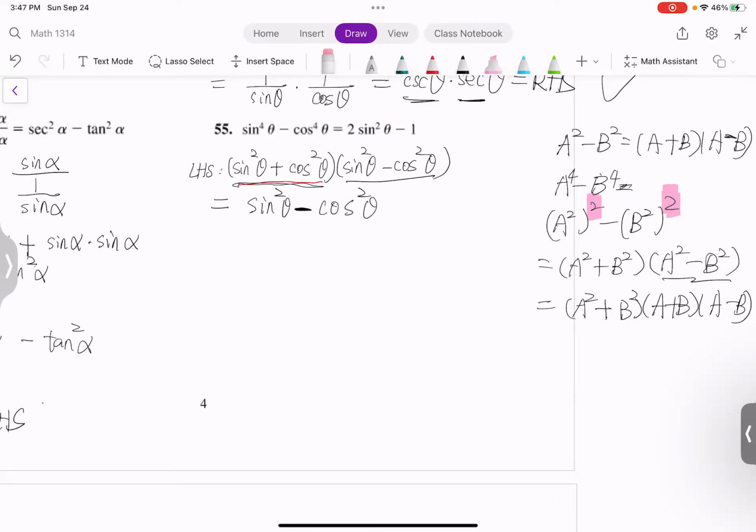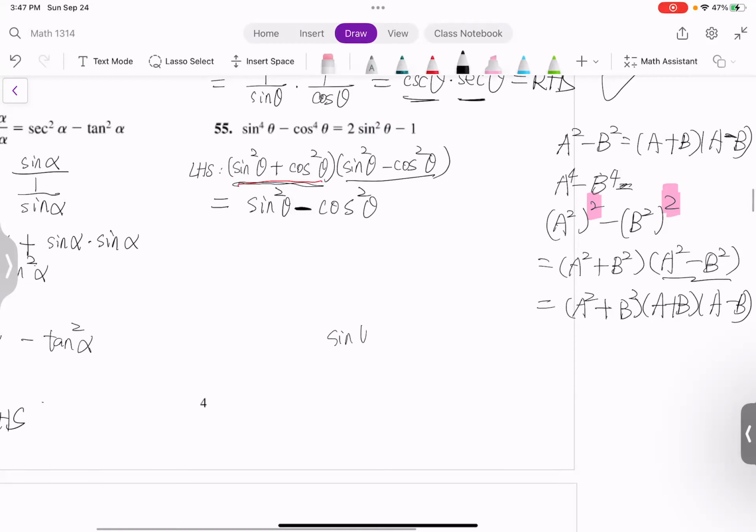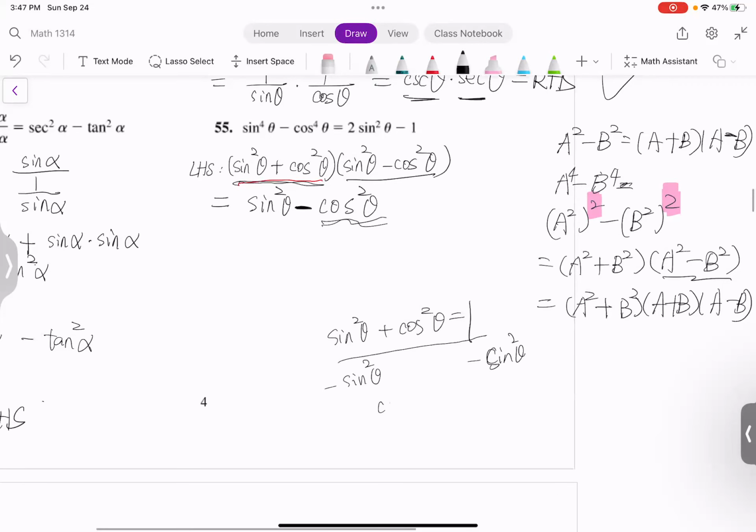Okay, we have learned that sine theta squared plus cosine theta squared equals 1. And on my right-hand side, is there any cosine? No, there is no cosine. Let's convert the cosine to sine. So in the identity here, let's isolate the cosine: cosine theta squared equals 1 minus sine theta squared.